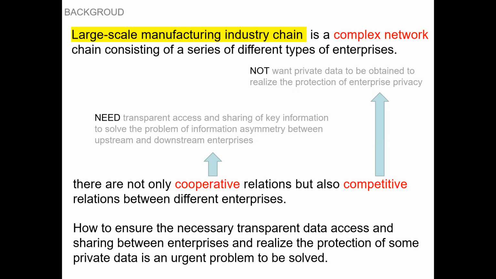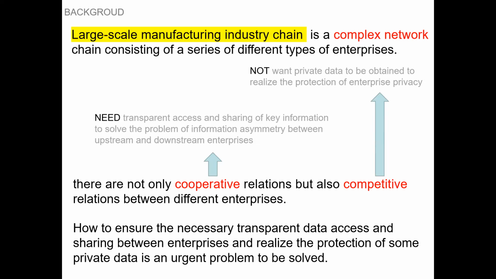On the one hand, all stages of the industrial chain urgently need transparent access and sharing of key information, such as production information, to reduce costs, improve enterprise cooperation efficiency, and solve the problem of information asymmetry between upstream and downstream enterprises.